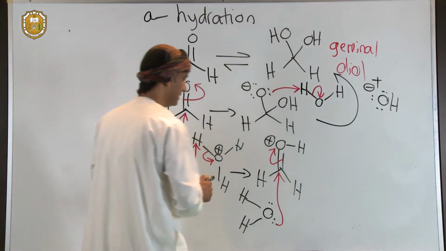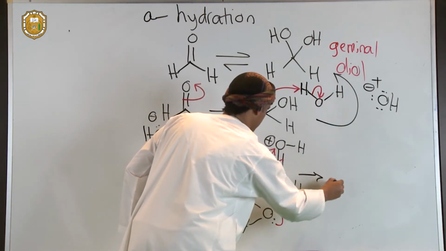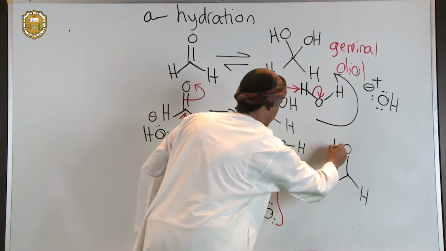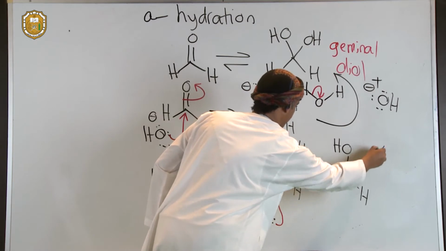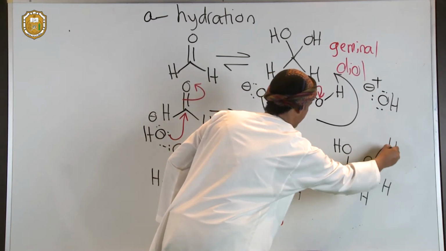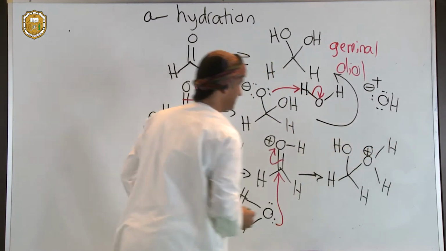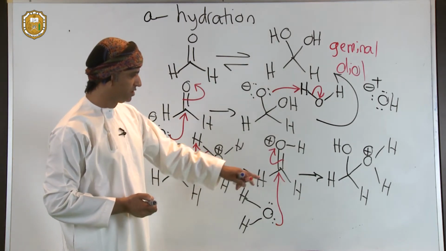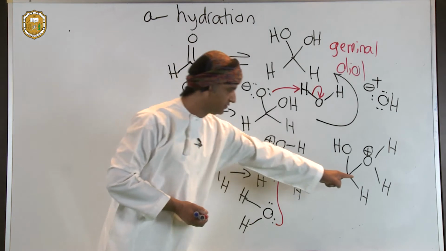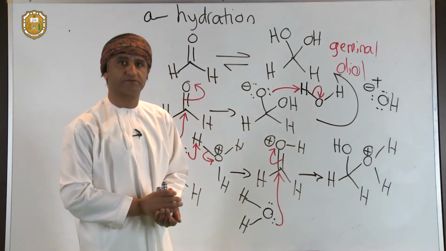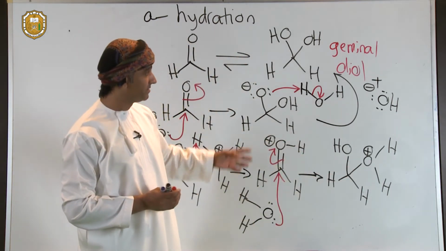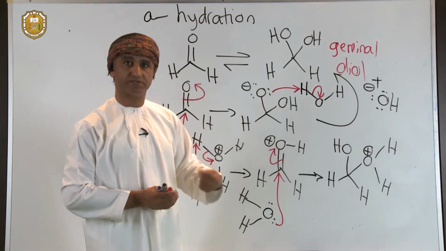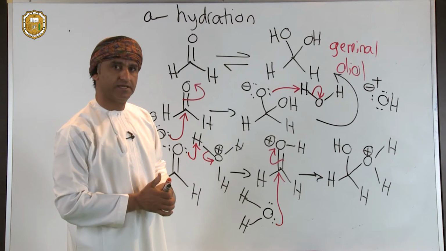If we do that, we get something like this. The last step will be for a water molecule to pick up one of these hydrogens from that positively charged oxygen, giving rise to the product with regeneration of the acid catalyst.